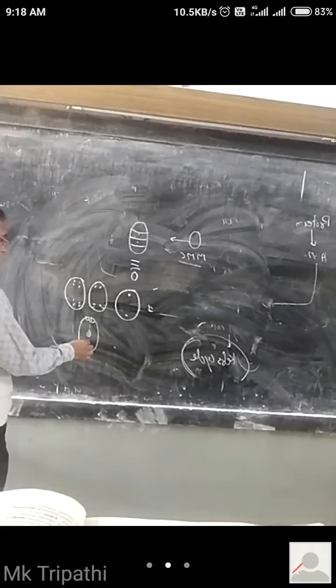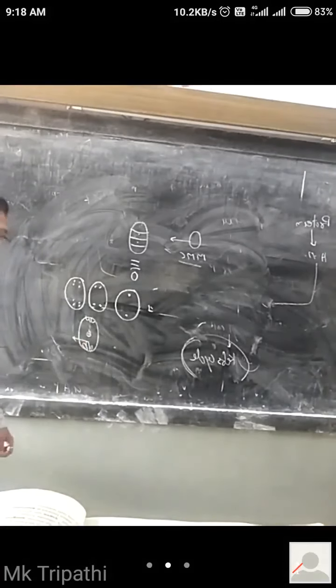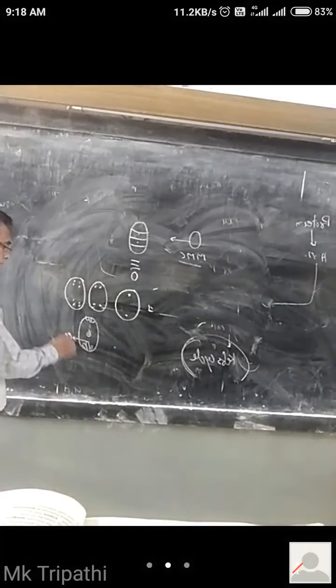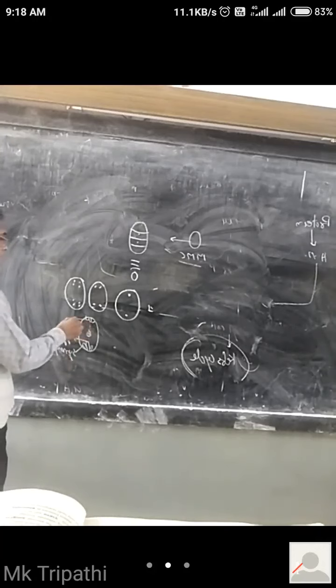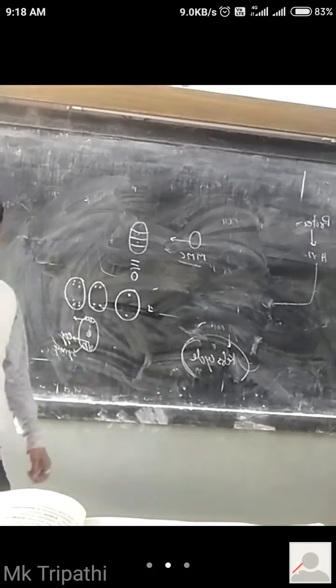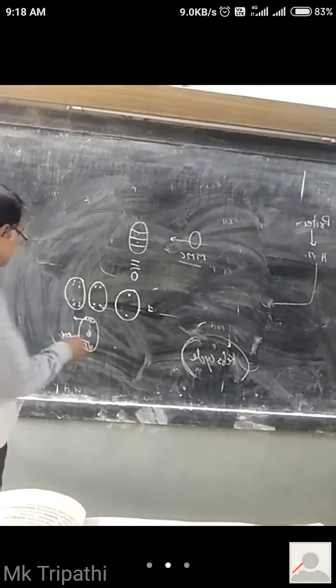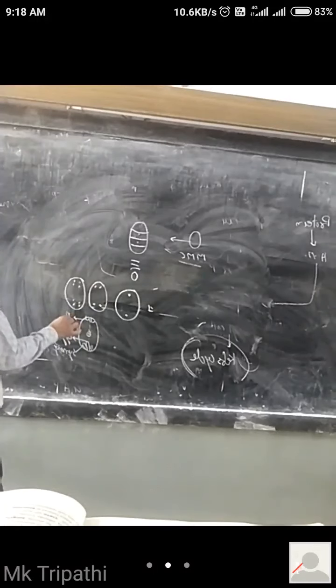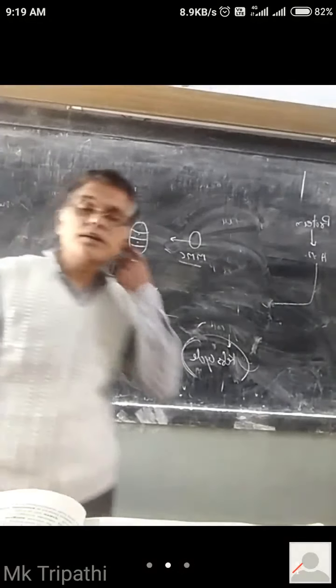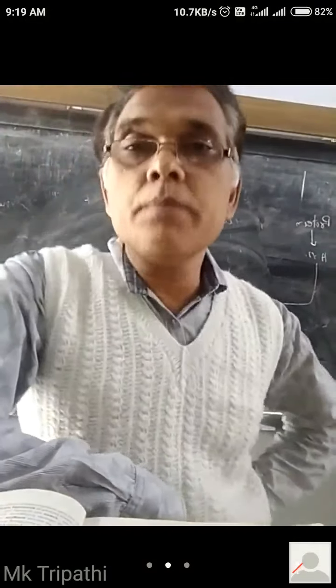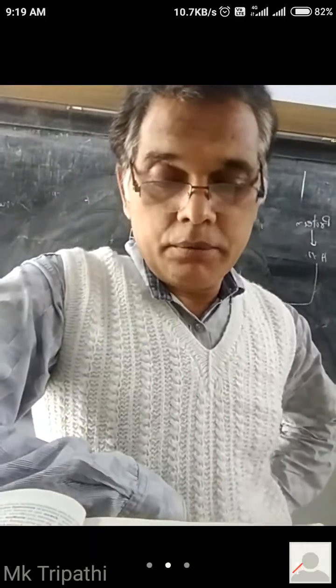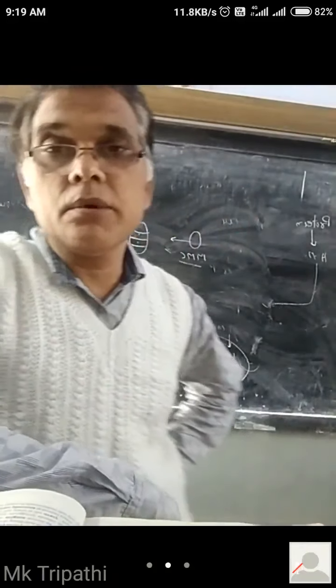Towards the micropylar end, the central nucleus forms the egg cell and the other two form synergids. And these three cells present towards the chalazal end form antipodal cells. This 7-celled or 8-nucleate structure is known as the embryo sac, the female gametophyte.